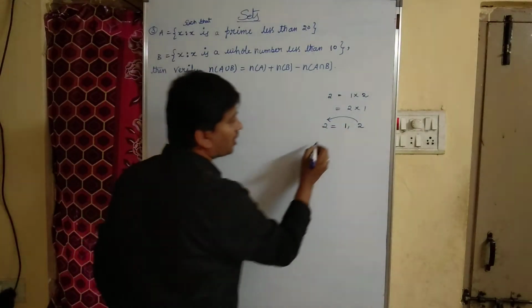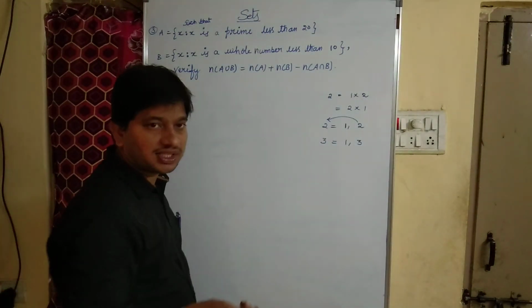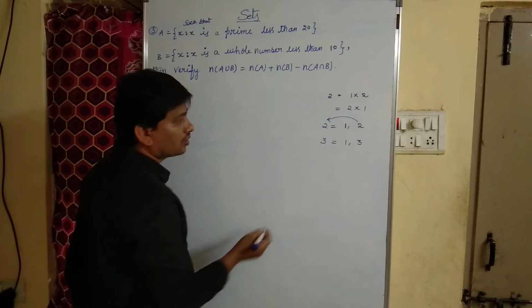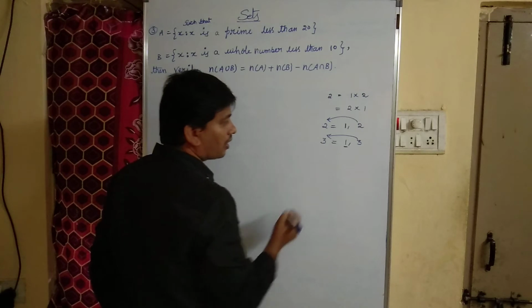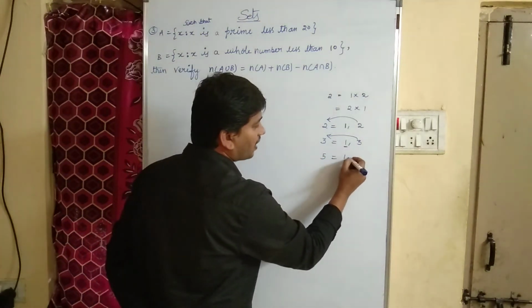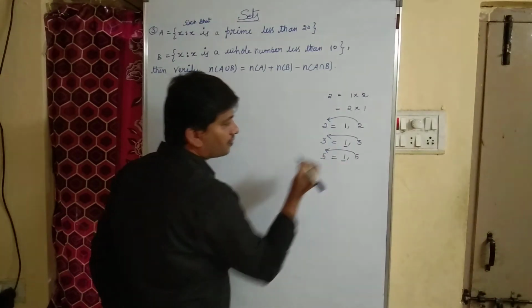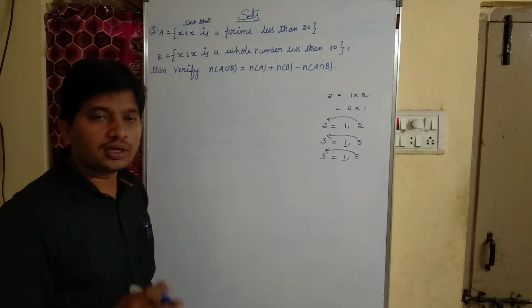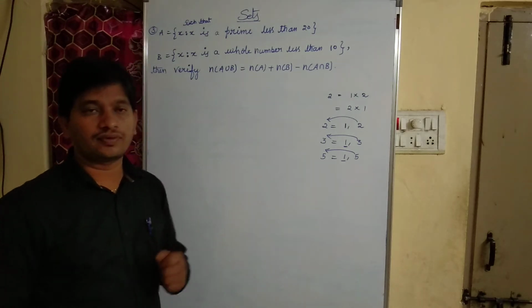Coming to number 3, the factors of 3 are 1 and 3 only. 1 3s are 3, 3 1s are 3. The factors of 3 are 1 and itself. And coming to 5, the factors of 5 are 1 and 5 only. That is 1 and itself. As primes consist of only two factors, that is 1 and itself.